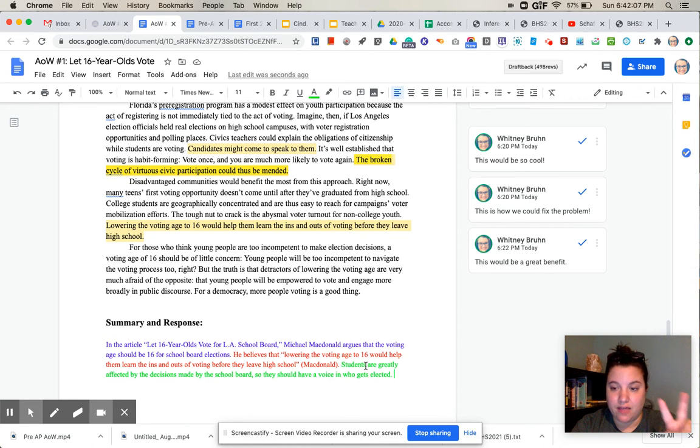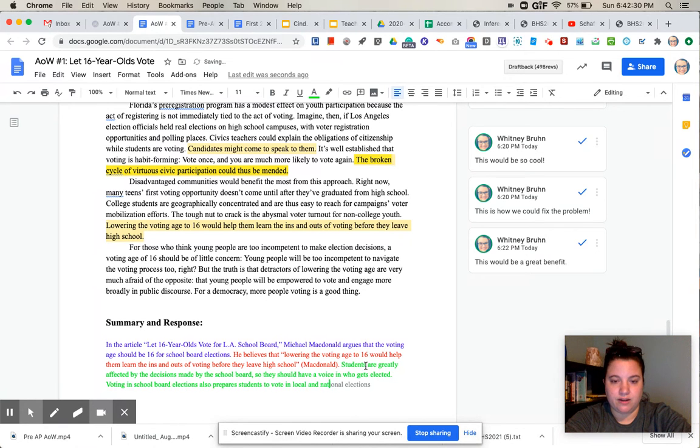Now I need to have another commentary sentence because remember you need to have 2 commentary sentences for every concrete detail. So in this one, I'm going to kind of tie in the idea that then students will already know how to vote. Voting in school board elections also prepares students to vote in local and national elections when they turn 18.